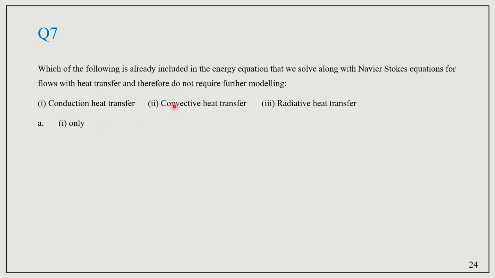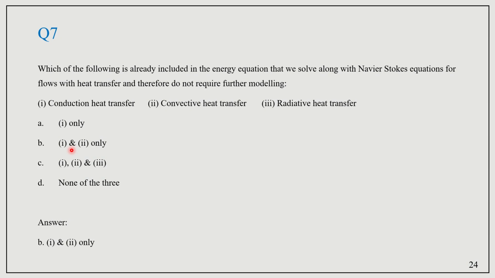Both are true, whereas radiative heat transfer we haven't included. If we need it, we need to model it separately. So option A 1 only, option B 1 and 2, option C 1, 2 and 3, option D none of the 3. So the answer is option B, 1 and 2, is the right answer.